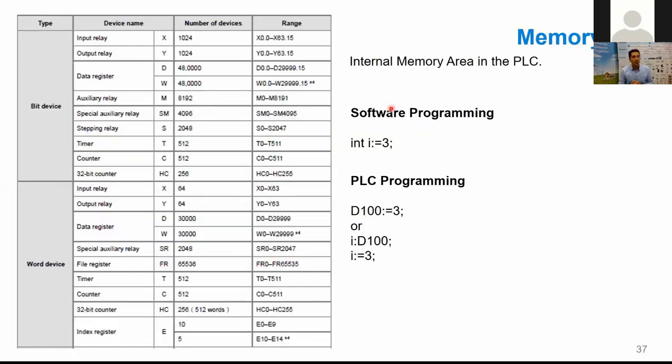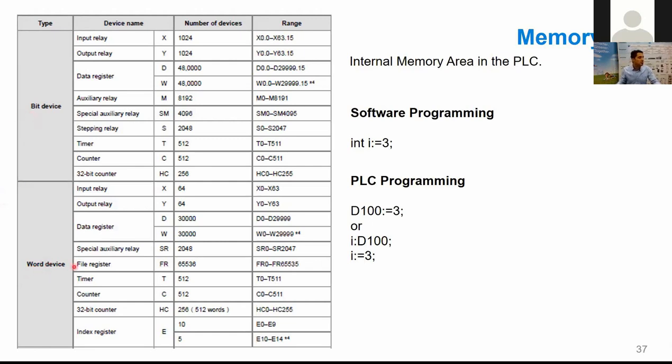So, before understanding the I/O using, we first need to understand the memory area, how the memory area works in Delta PLC. On the left-hand side, you see the table. In this table, we have a bit device and word device. Well, actually, word memory and bit memory.